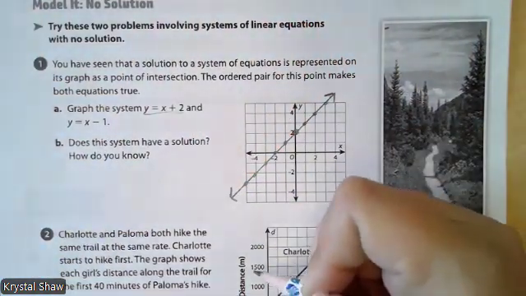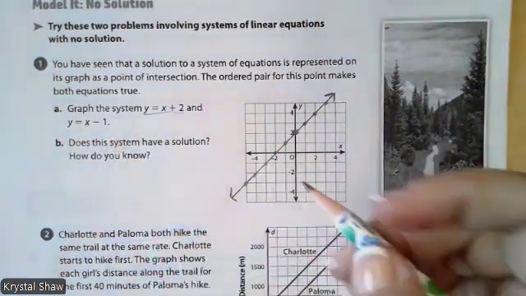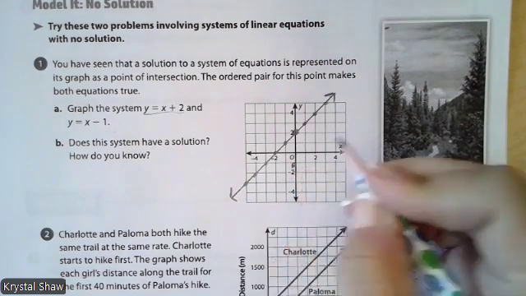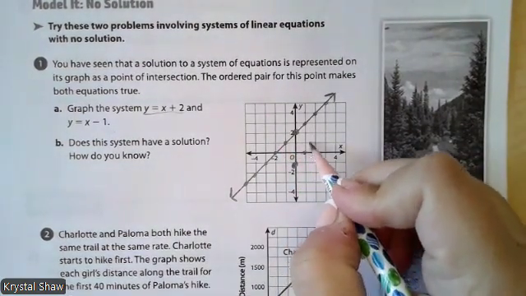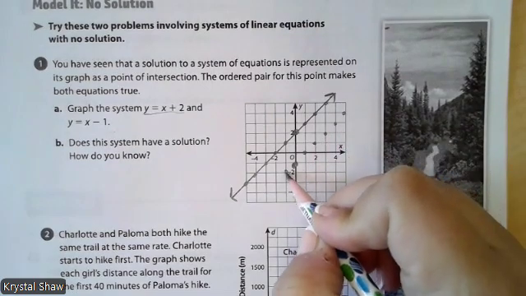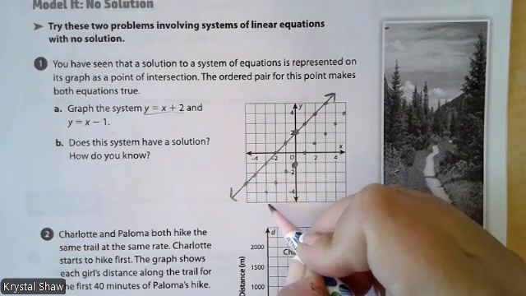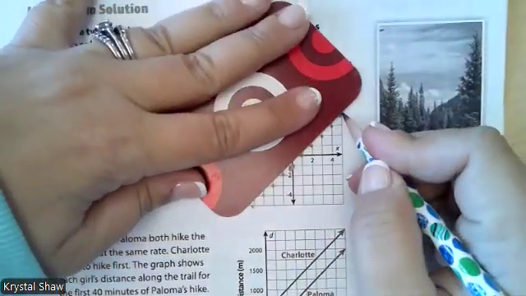And some arrows. I'm going to go ahead and graph now my second one. My y-intercept is -1, and my slope is 1 again. Up and over, up and over, up and over. Going to go ahead and extend this.